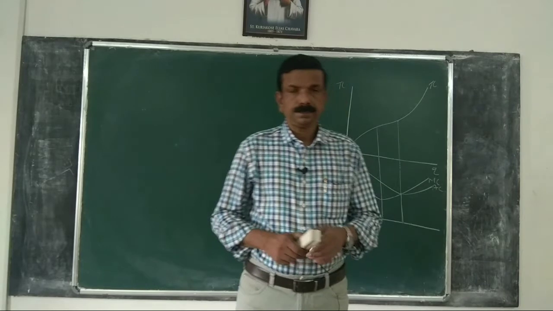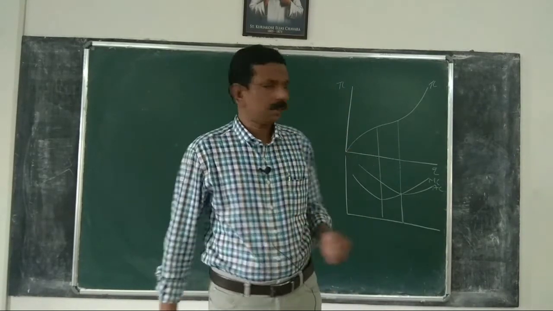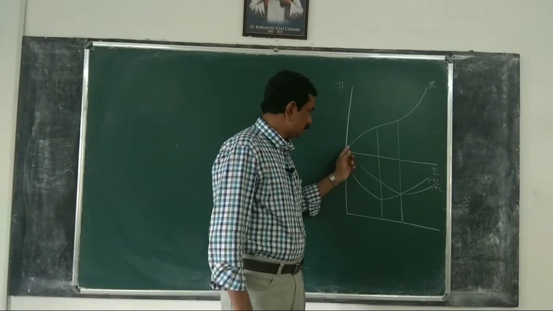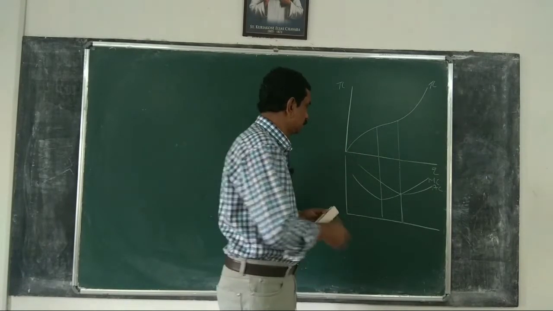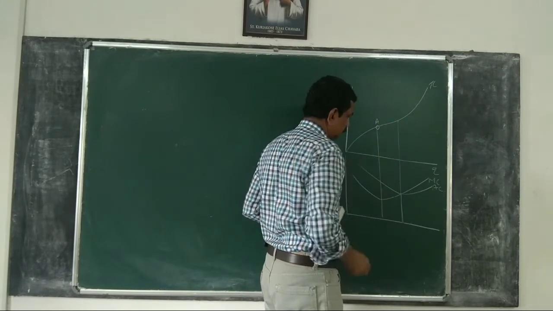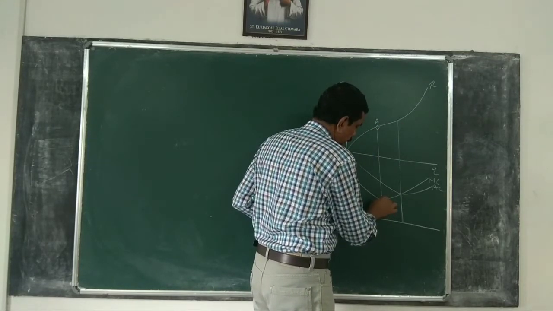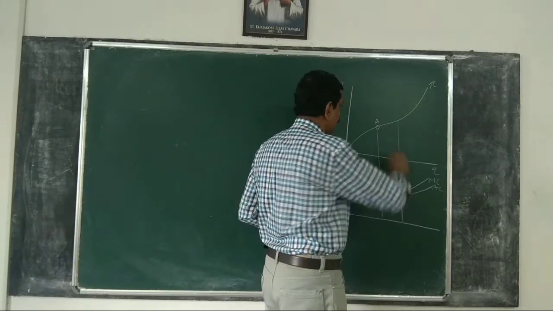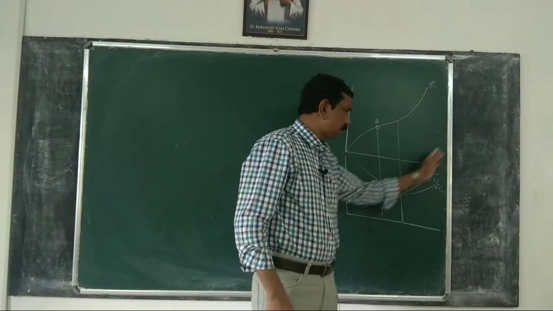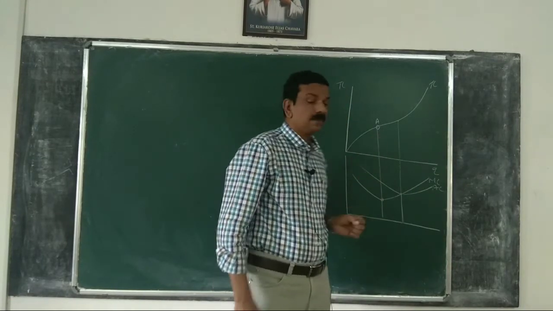Now, what is peculiar about this total cost curve is, initially it is concave up to point A, so that MC is decreasing. Beyond that it is convex, then MC is increasing. A is known as the inflection point.